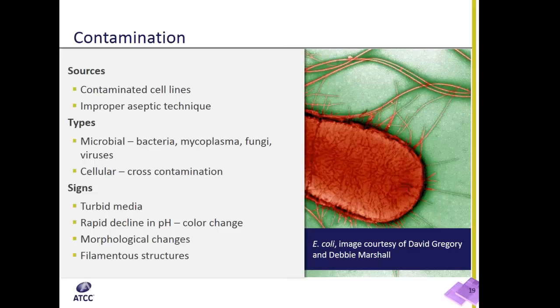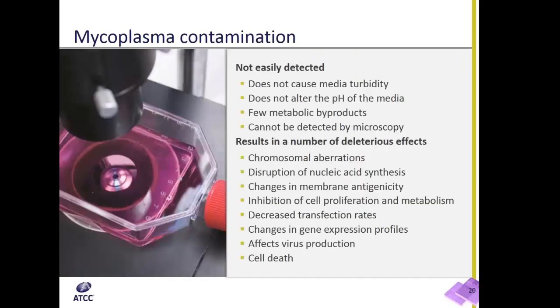So at least one thing about bacterial and fungal contamination is that it's easily detectable. Mycoplasma and cellular cross-contamination, however, discussed a little bit later, are not going to be as easy to detect. Mycoplasma contamination is the separate issue we're talking about that is very hard to detect in media.